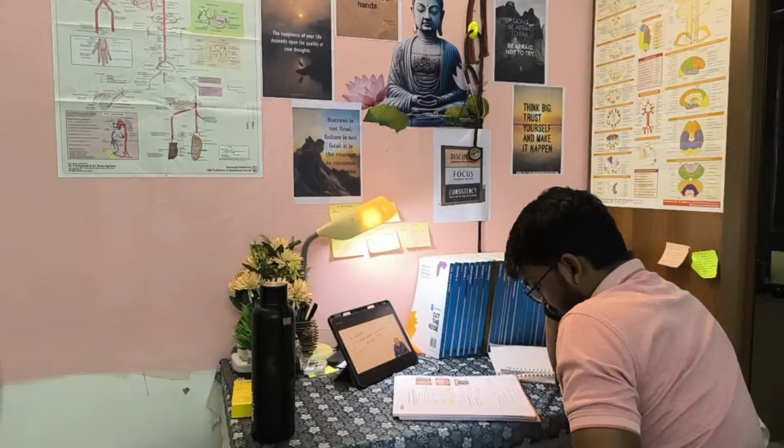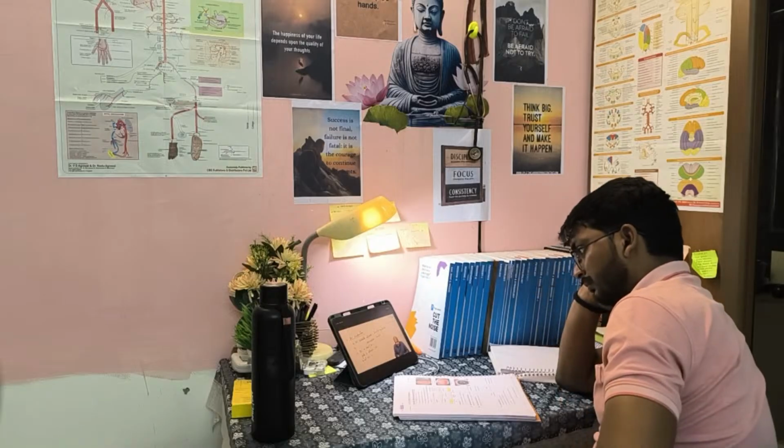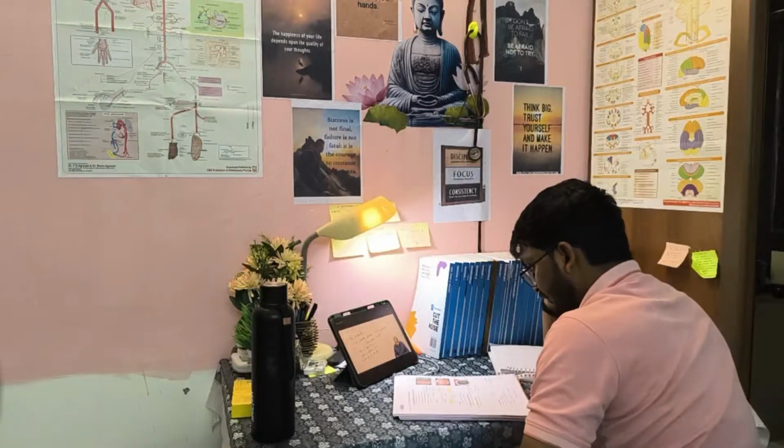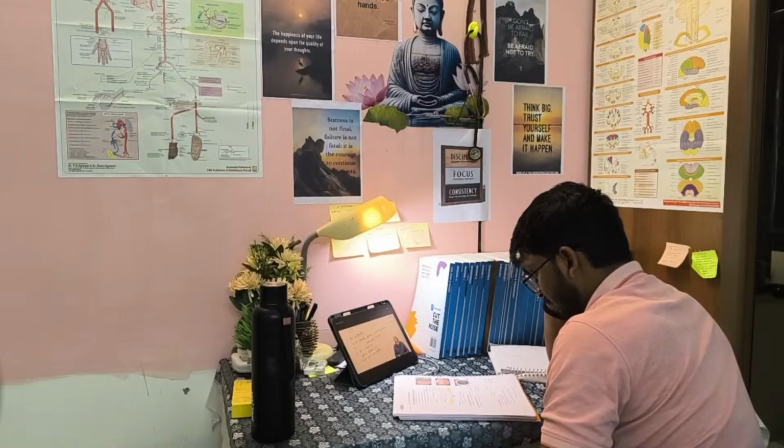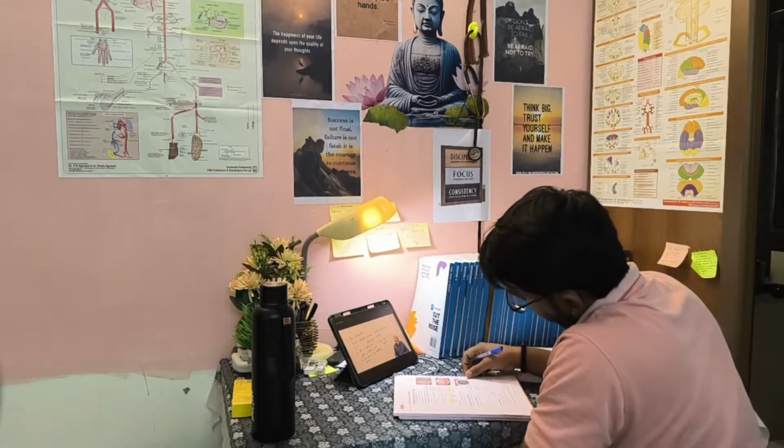IOL is lost, or I will say IOL falls in the vitreous. IOL is not seen in the pupillary area. Complete dislocation. This is called lost lens syndrome.